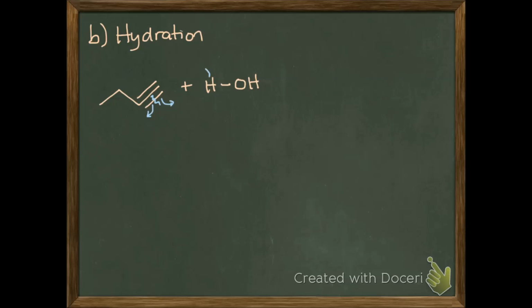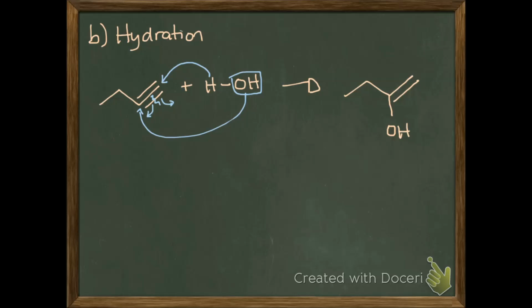Again, the hydrogen goes where we have more hydrogens. The OH will come here. And what I will get is an enol, an alcohol with a double bond. Here it is, the OH.